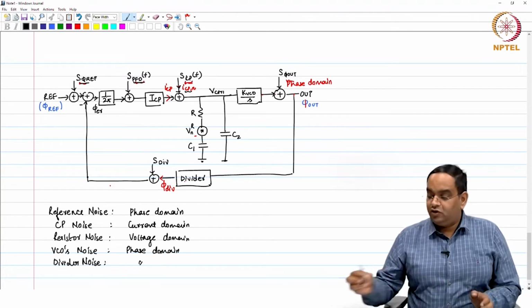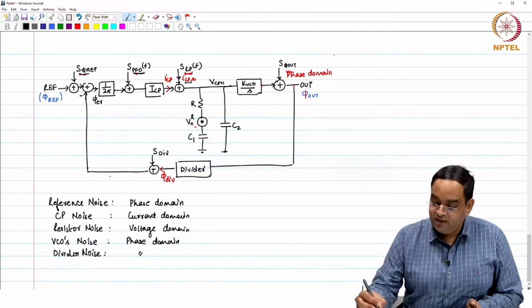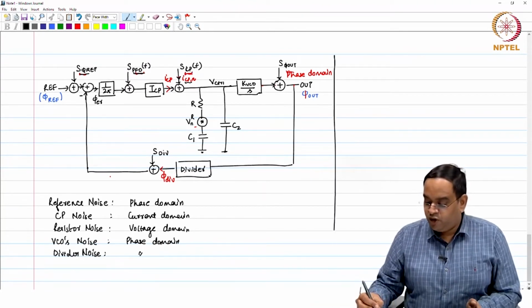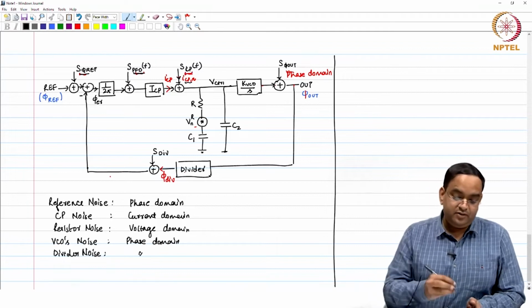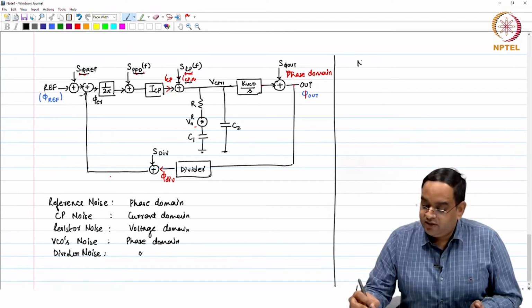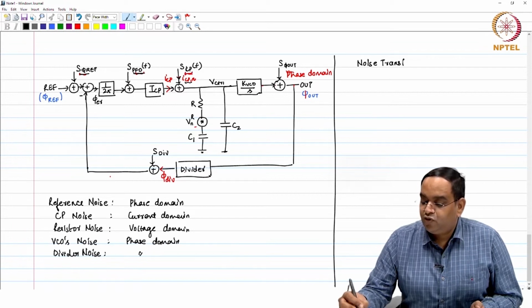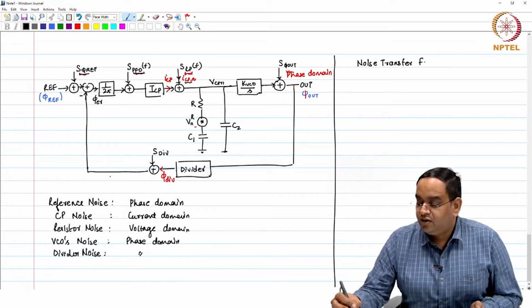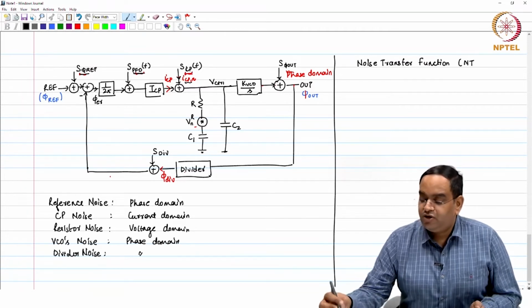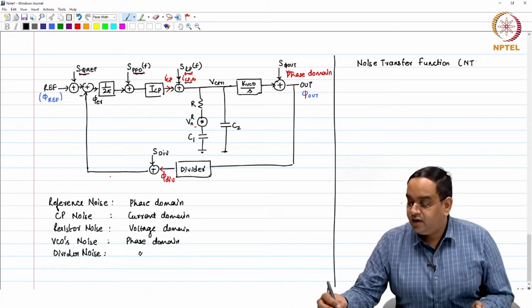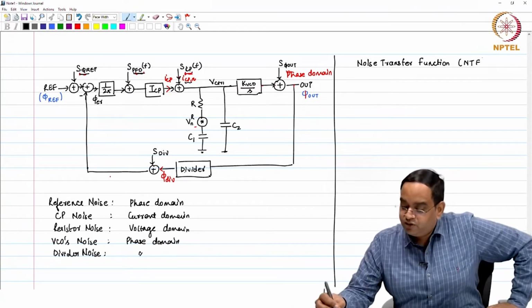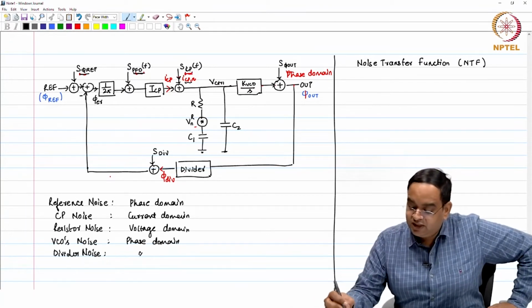Okay. So, we define a term called noise transfer function. So, what is this noise transfer function? Noise transfer function tells us how the noise from one source gets converted to the output. So, this is NTF, noise transfer function.